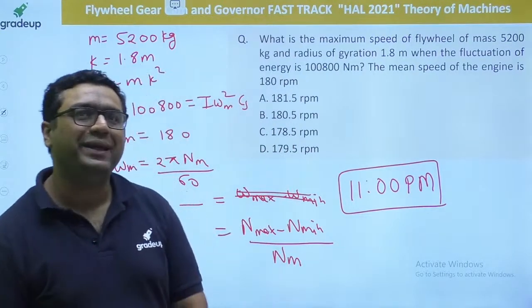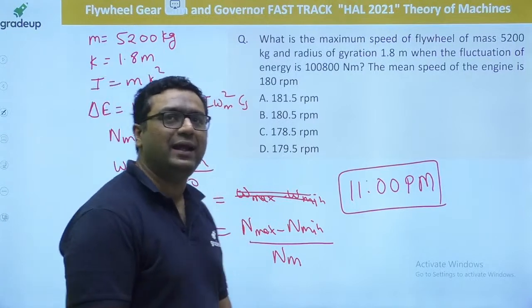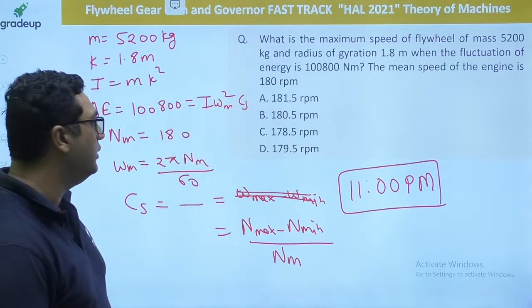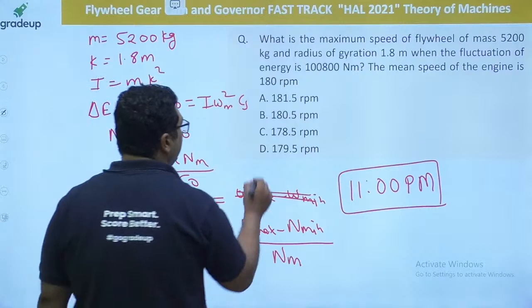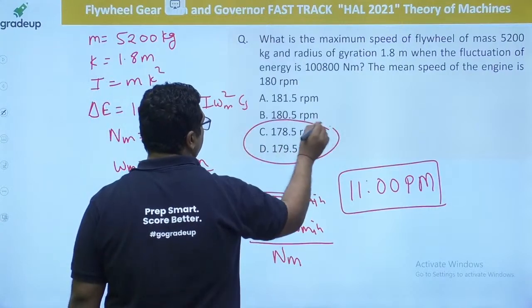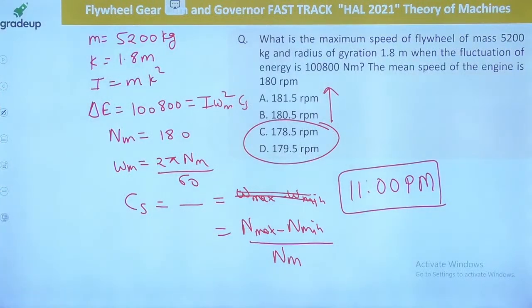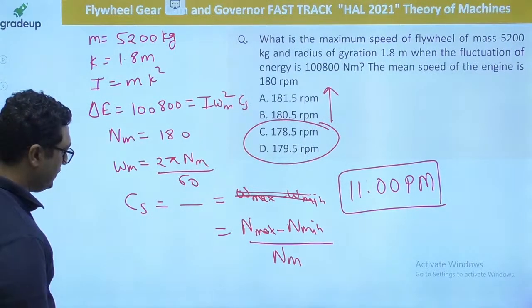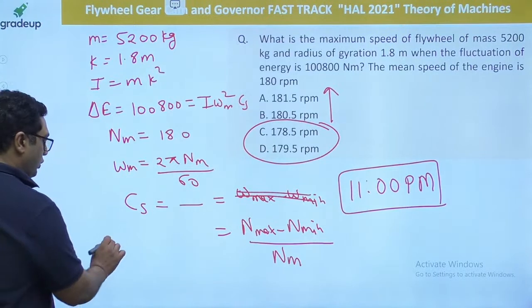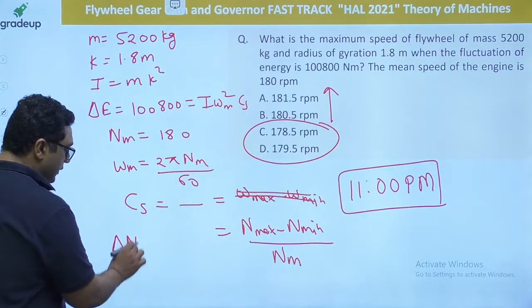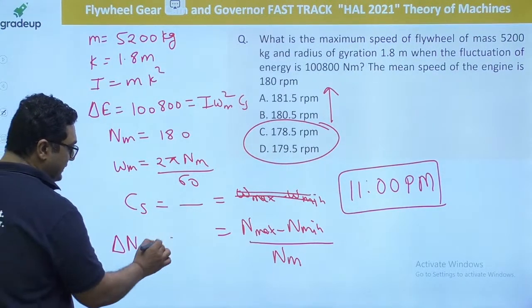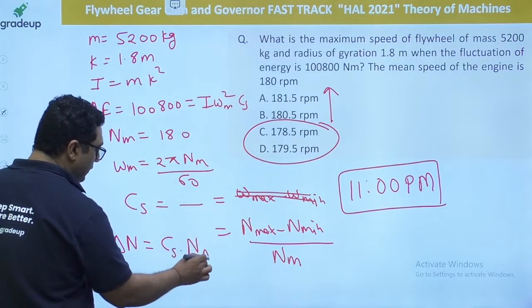So guys, mean speed is given to you as 180 and they are asking the maximum speed. Obviously, maximum speed cannot be less than 180. It will be more than 180 only. So you just need to find delta N as CS into N mean.